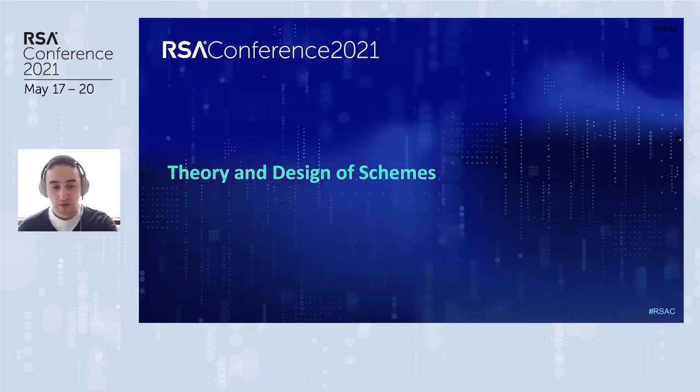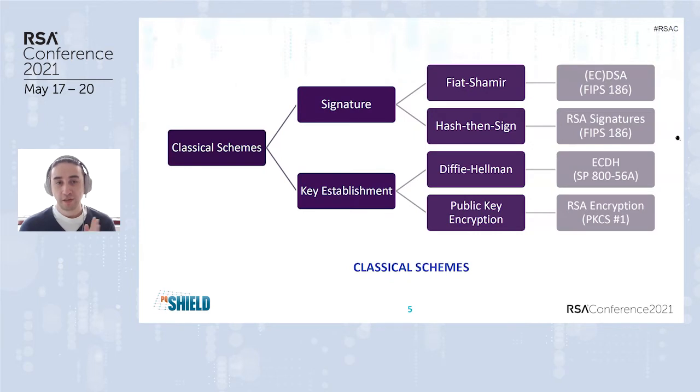So first I will discuss the theory and design of schemes. If you look at classical schemes for providing signatures and key establishment, well, all schemes can be casted as instantiations of one of four paradigms, which is either Fiat-Shamir or hash-and-sign for signatures, and Diffie-Hellman or public key encryption for key establishment.